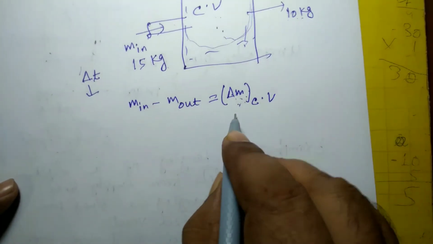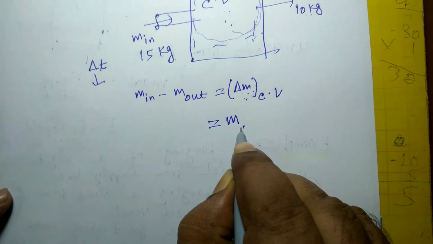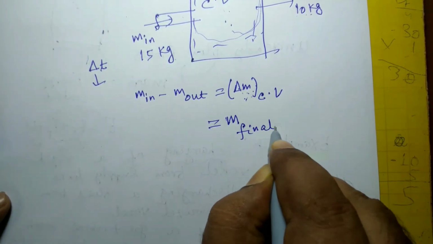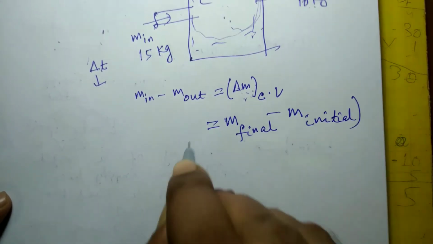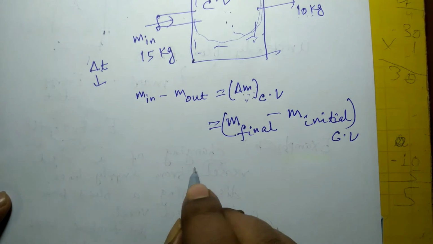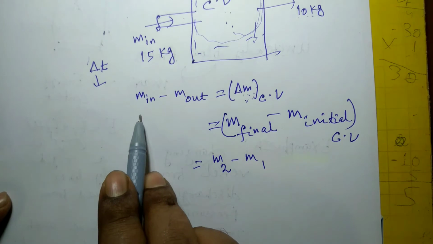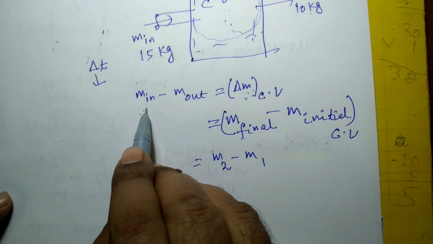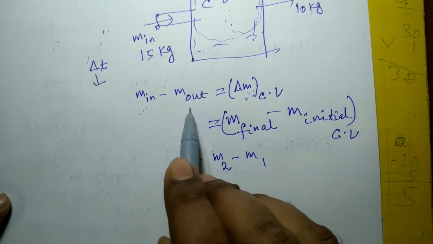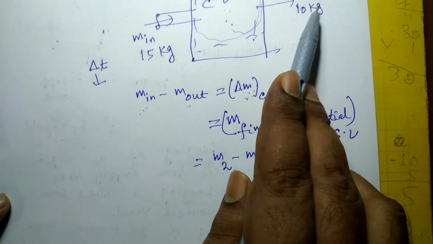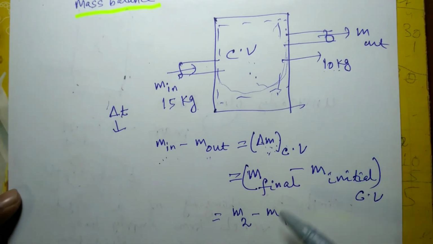So this is the mass balance equation, and I can write it like this: delta m is nothing but m final minus m initial of the control volume, and we can take this to be m2 minus m1. So you must be clear about this notation. m in means the amount of mass that enters over that finite period of time delta t. m out means the amount of mass that exits over that finite period of time, and which is equal to delta m of the control volume.